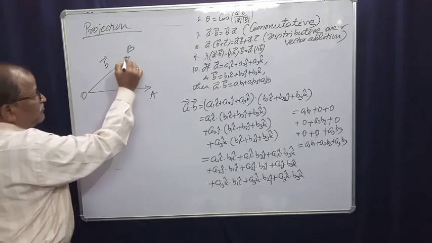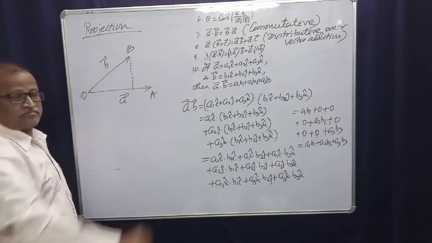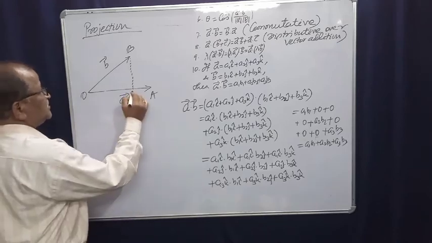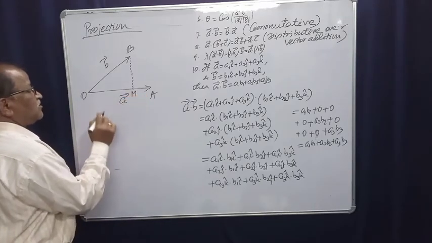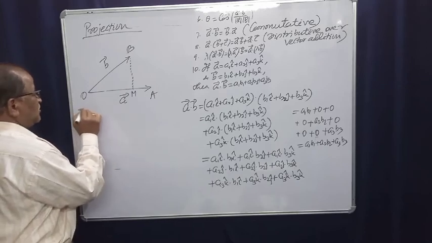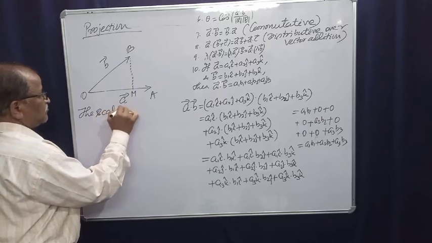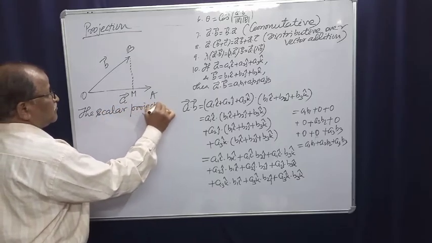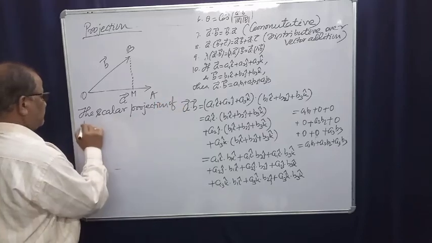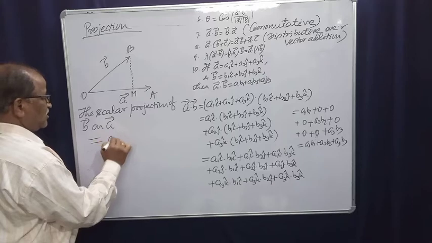Let us draw a perpendicular from B on this line, say meeting it at M. Then here OM, the scalar projection of B on A, is equal to what? OM.